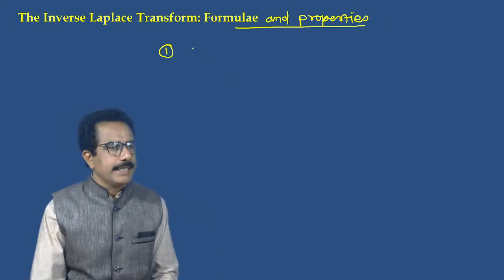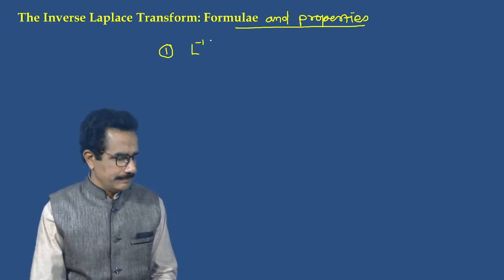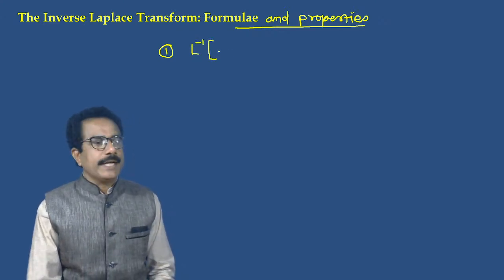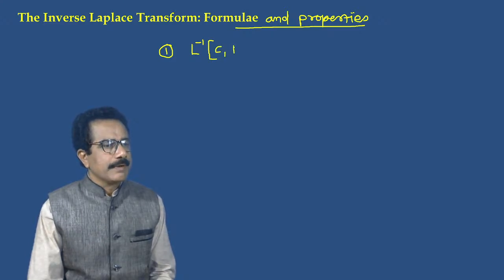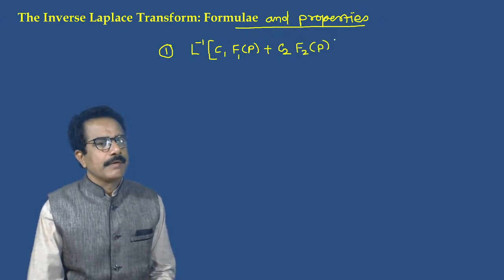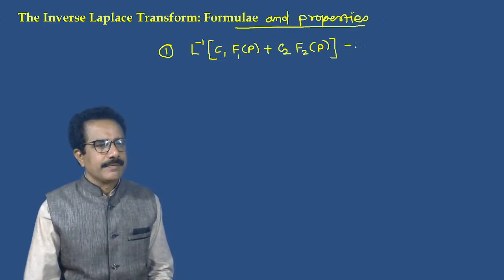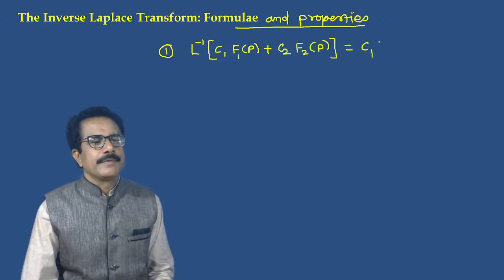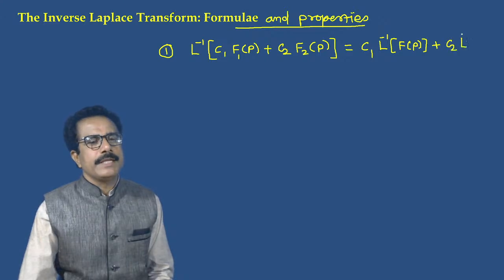That means we can write L inverse of C1 F1 of p plus C2 F2 of p is equal to C1 L inverse of F1 of p plus C2 L inverse of F2 of p.